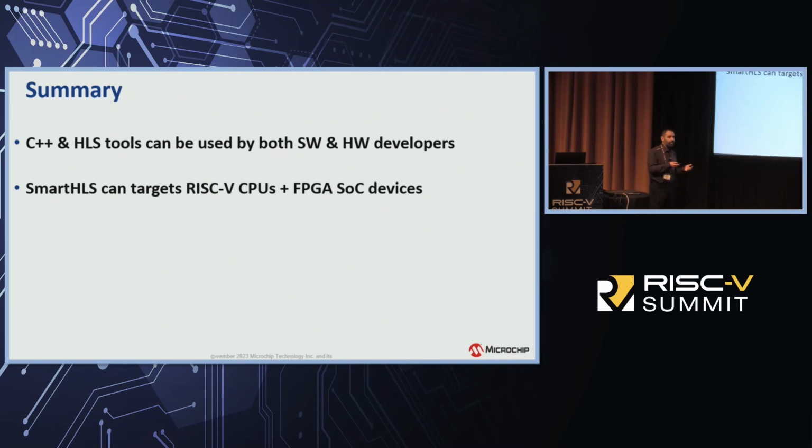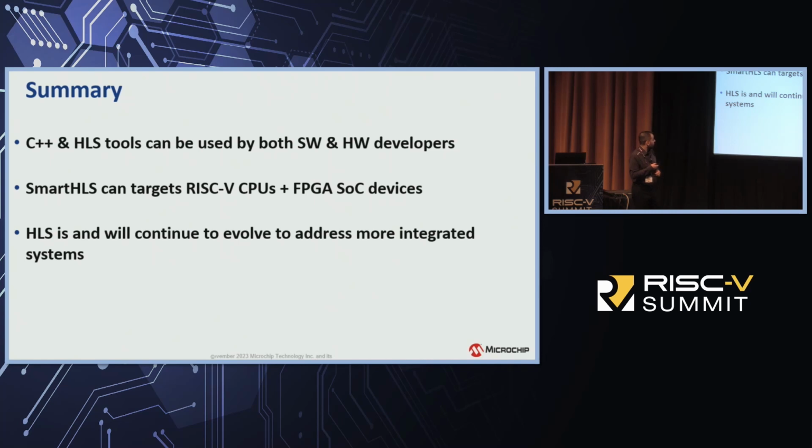Right? We wouldn't be able to run the web server, for example, on the FPGA, right? Or the FFmpeg conversion. So high-level synthesis tools have been evolving over time. They have come a long way, and they will continue to evolve as more systems become more and more integrated, raising the level of abstraction.